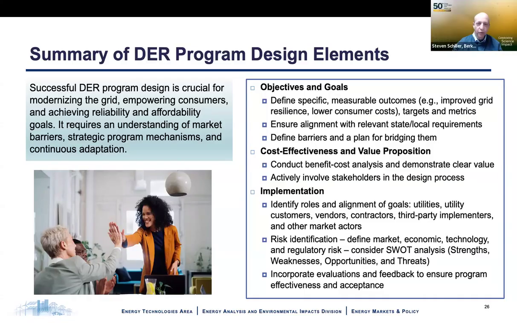Yes, and yes. There's a whole segment of the DER industry, in particular for energy efficiency, but with increasing interest in storage and distributed solar as well, that works with low-income consumers. So there's a low-income energy efficiency industry that exists and works on those barriers.